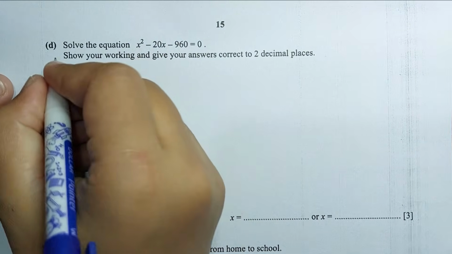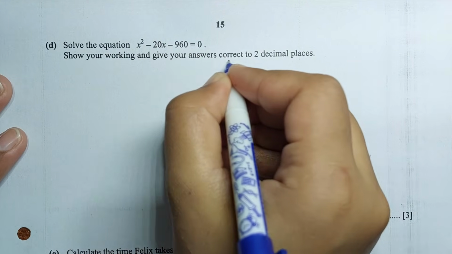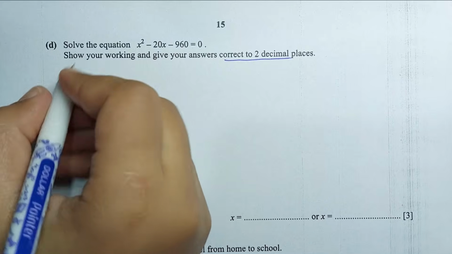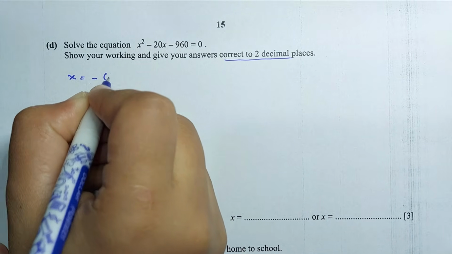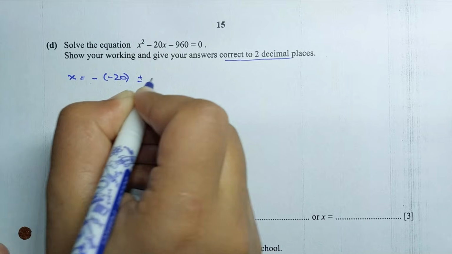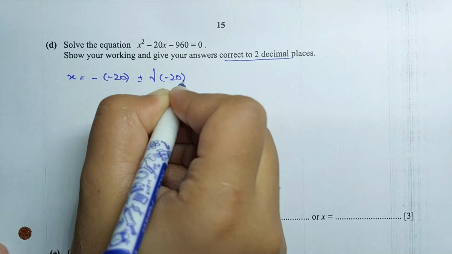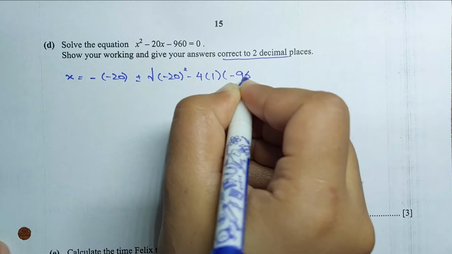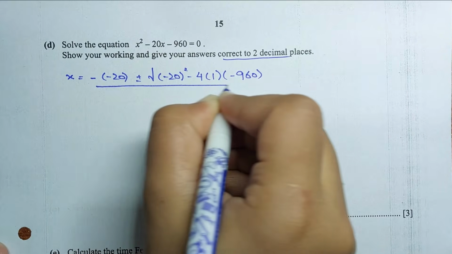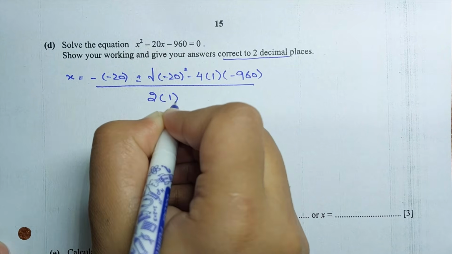Now for part D, solve this equation, show your working and give your answer correct to 2 decimal places. That should be a quadratic equation, applying the quadratic formula. Negative of the b value plus minus the square root of b squared minus 4 times a times c, which is minus 960, divided by 2 times a, which is 1.